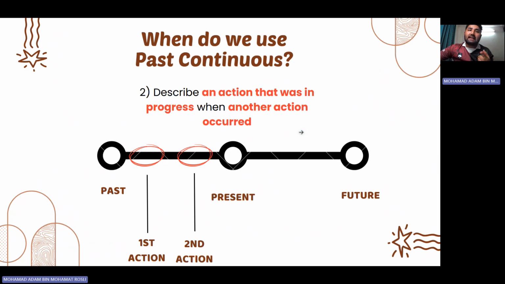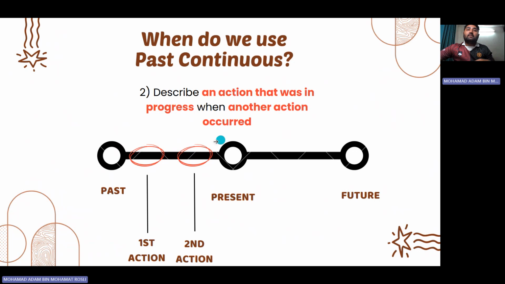However, past continuous tense can also be used to explain two actions that happen in the past, whereas the first action happens here, and then the second action takes place also here. However, you need to understand that both actions are still in the past tense. It happened before.